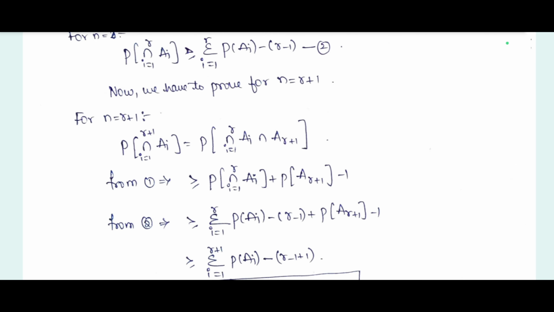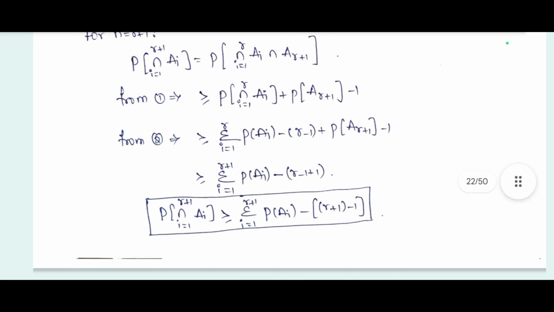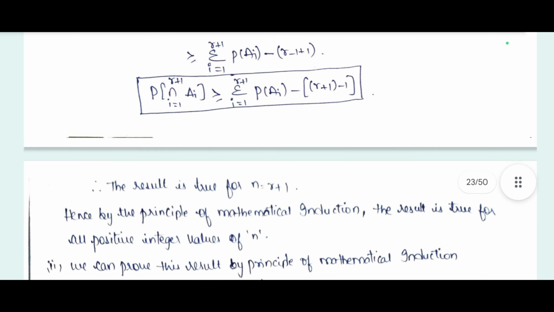From 1 we can write that it extends to P of the intersection i equals 1 to r of Ai plus P of A r plus 1 minus 1. From 2 this can be expanded to P of A r plus 1 and minus r plus 1 minus 1. So plus 1 and minus 1 get cancelled and this will be our statement. This complete result is true for n equals r plus 1 also.